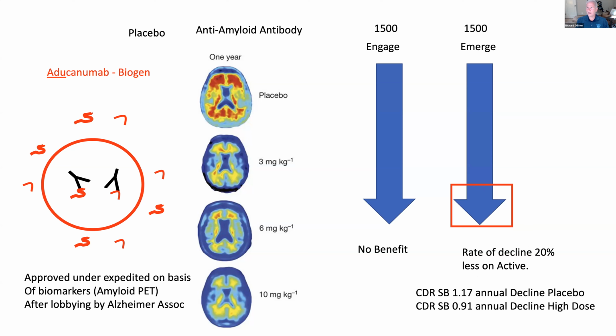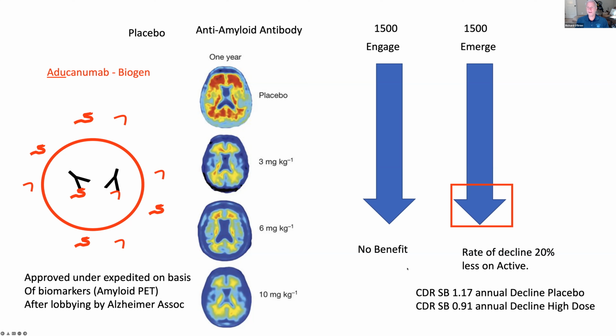And it's in 5 different categories, and you add all those boxes up. And the placebo in this one arm declined 1.17 points a year, whereas the treated group dropped almost 1 point a year. So just a trivial little difference, but that was enough to get Biogen to push for it.